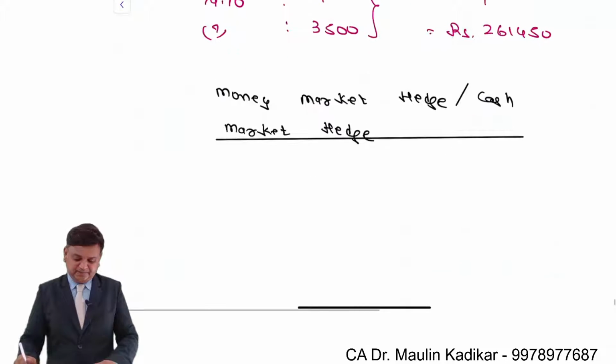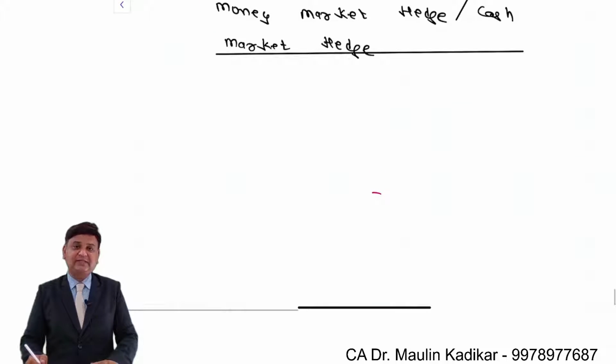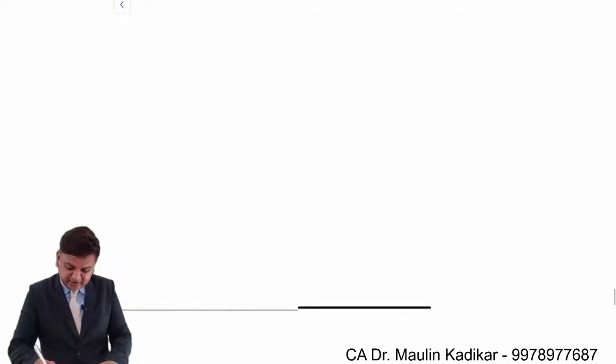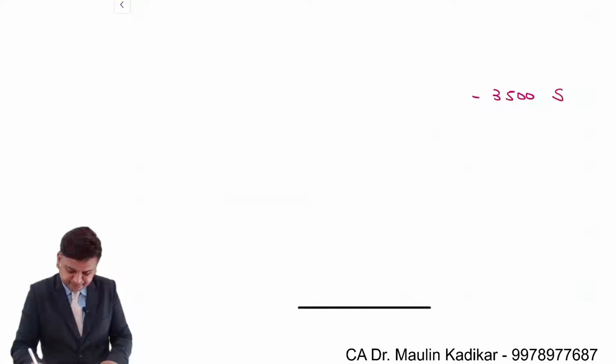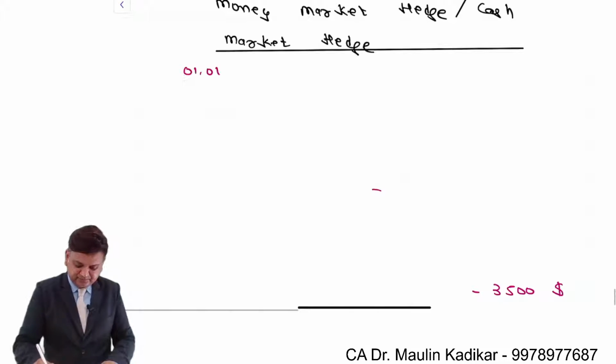So friends, let us understand what kind of transactions will be entered into in money market hedge. We are required to make payment of $3,500 after 3 months, that is on 31st of March.